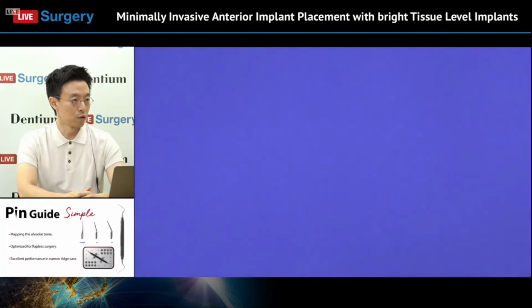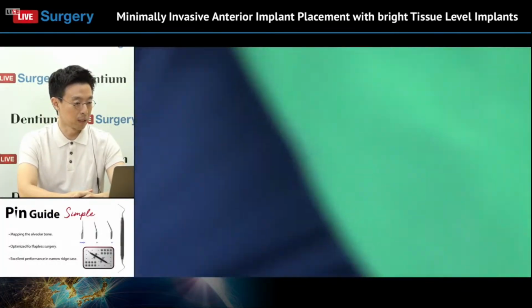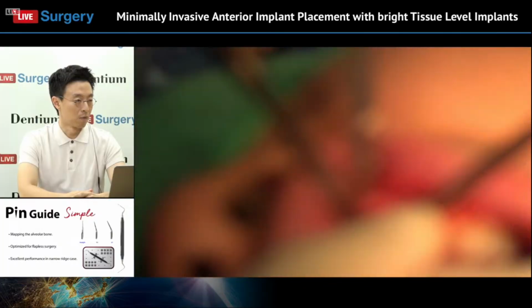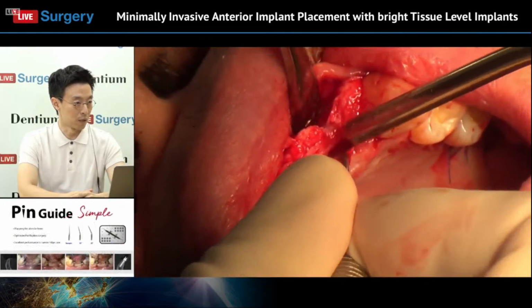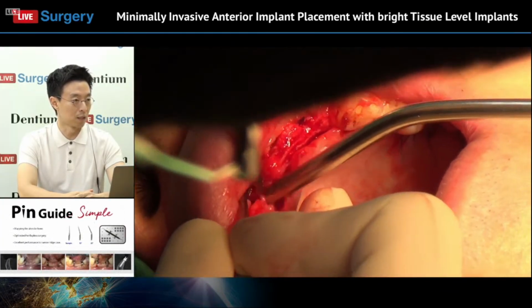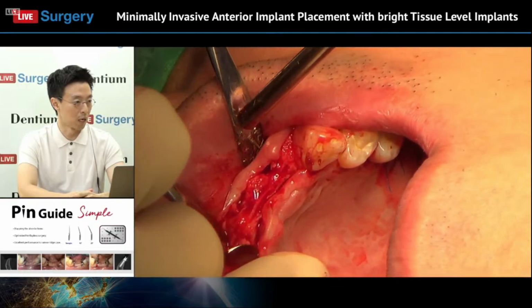We replaced 2 Bright Tissue Level implants at right central incisor area and left lateral incisor area.